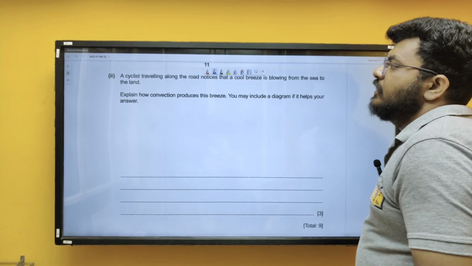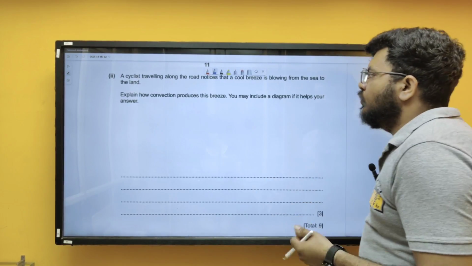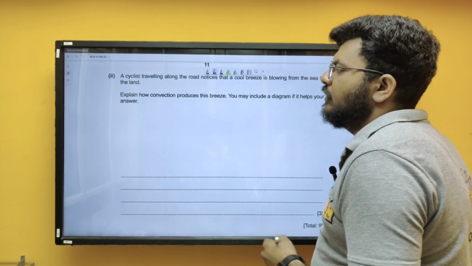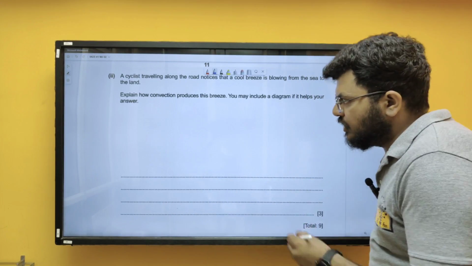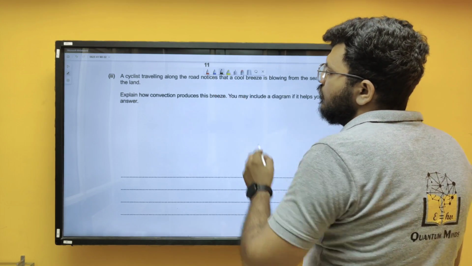A cyclist traveling along the road notices that a cool breeze is blowing from the sea to the land. Explain how convection produces this breeze. You may include a diagram if it helps your answer.